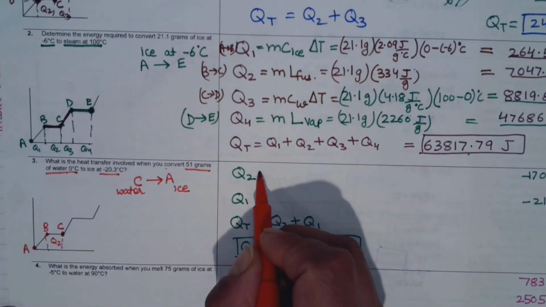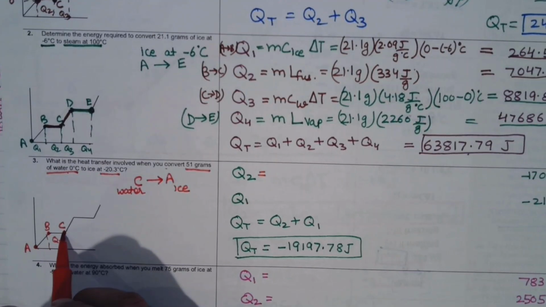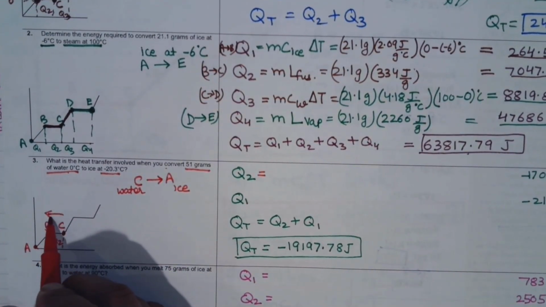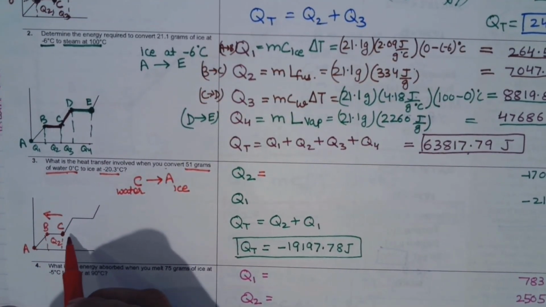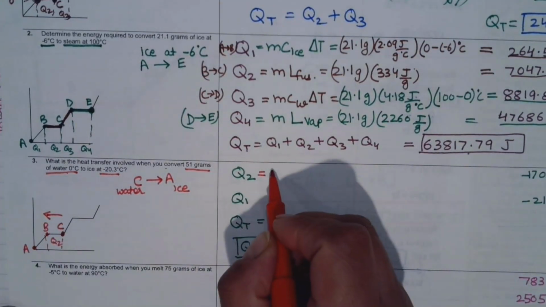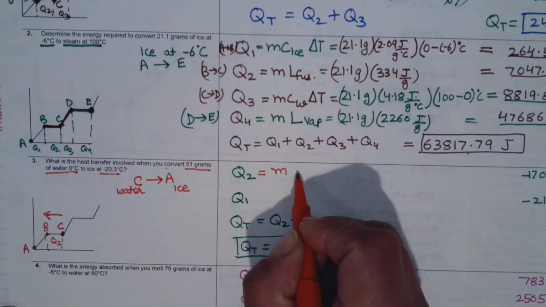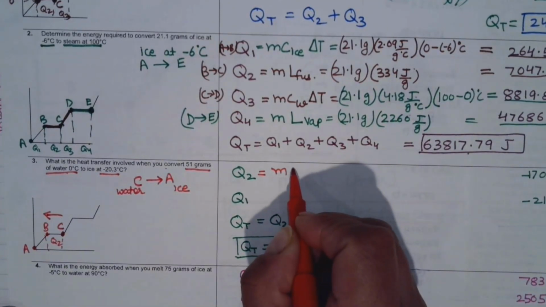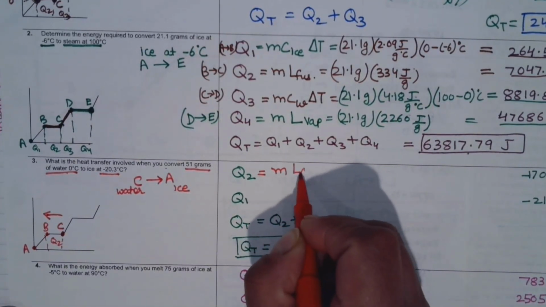Okay. So when we are going from C to B, we are cooling the water to make ice at 0 degrees Celsius. So we're going to use M times L fusion.